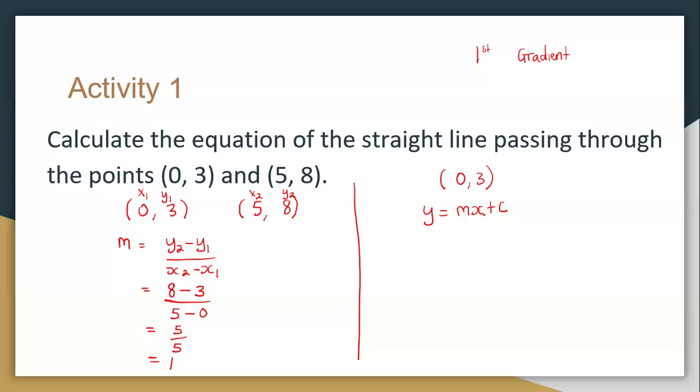Now we're going to look for the intercept. That is 1x. So to look for the intercept, we're going to first use our coordinates, and that will be 3 is equivalent to 1 times 0 plus c, we don't know.